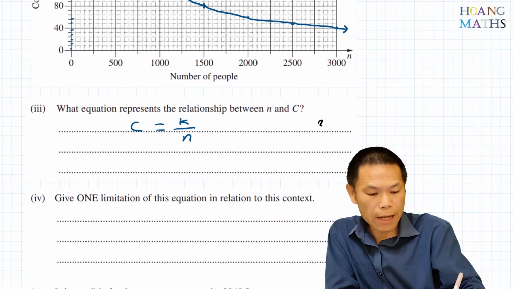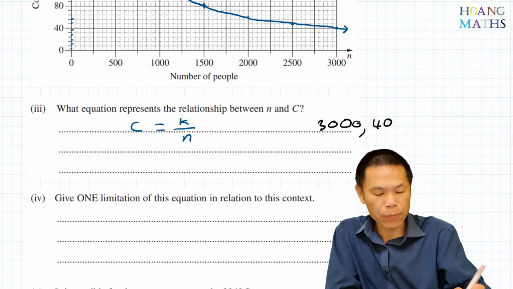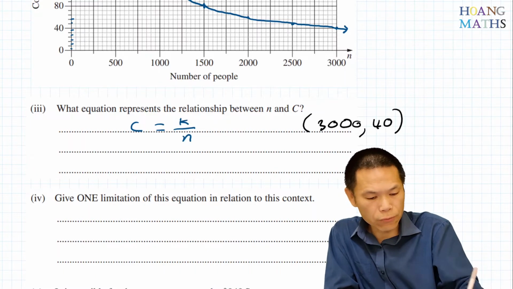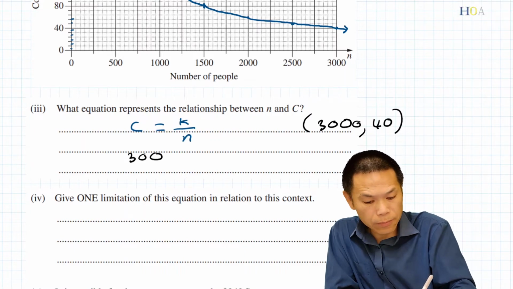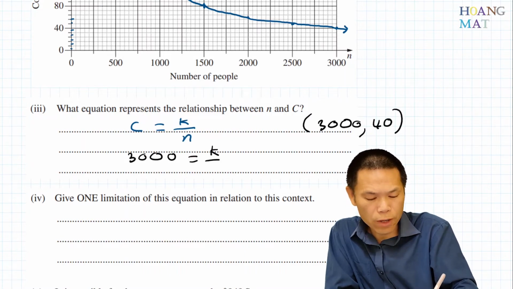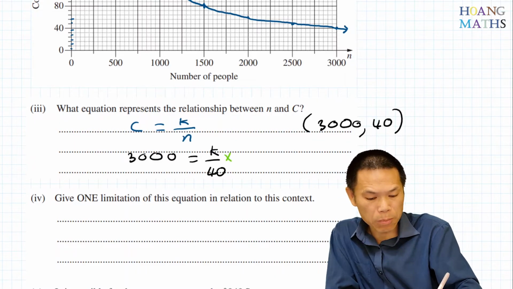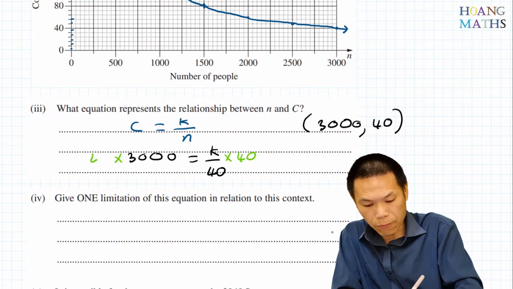So 40 for N, C is 3,000, and we want K. So 3,000 is equal to K over 40. To solve this, I multiply both sides by 40.